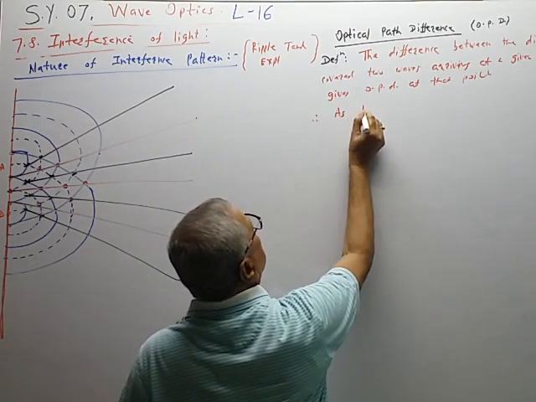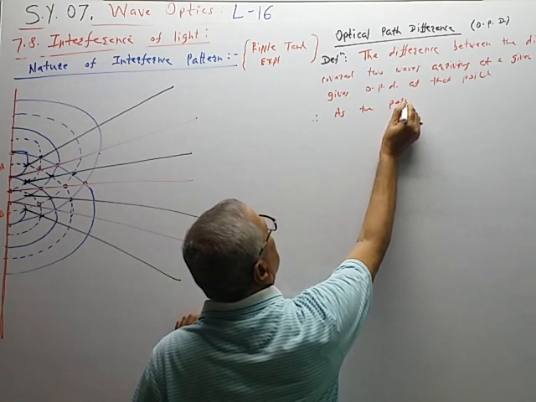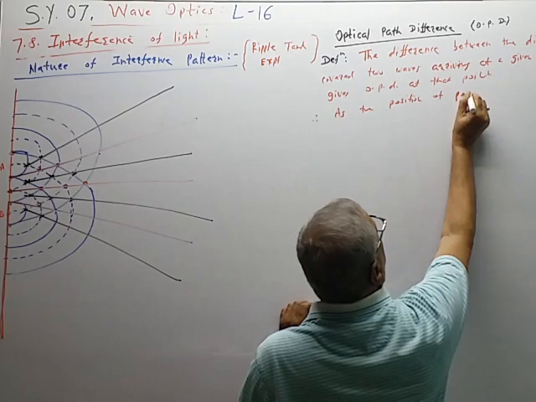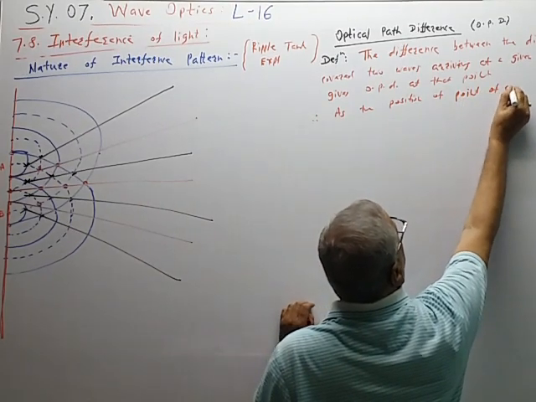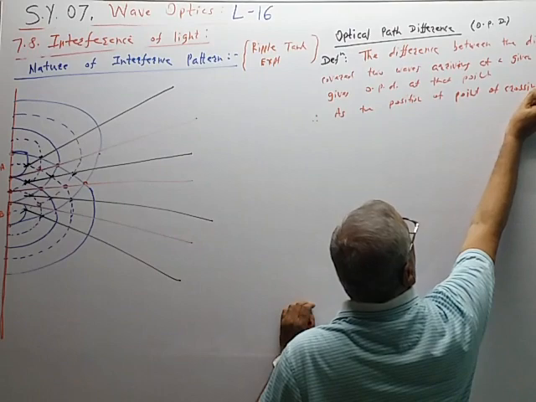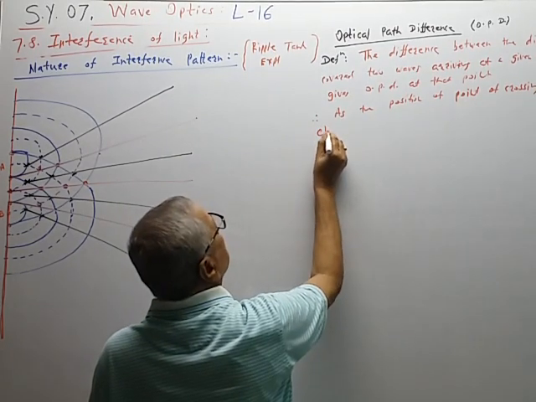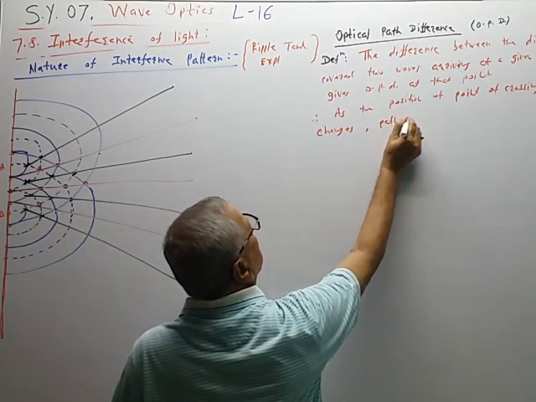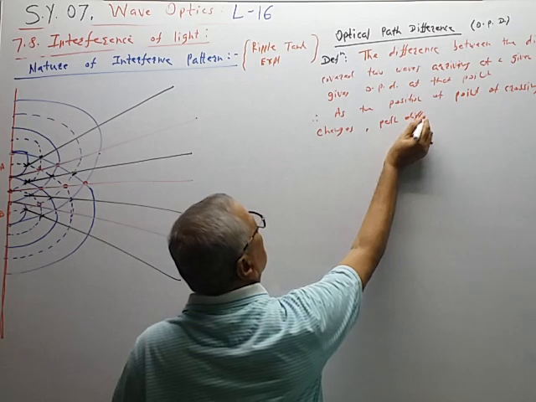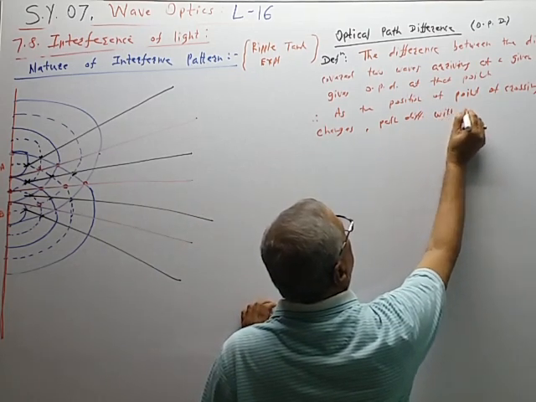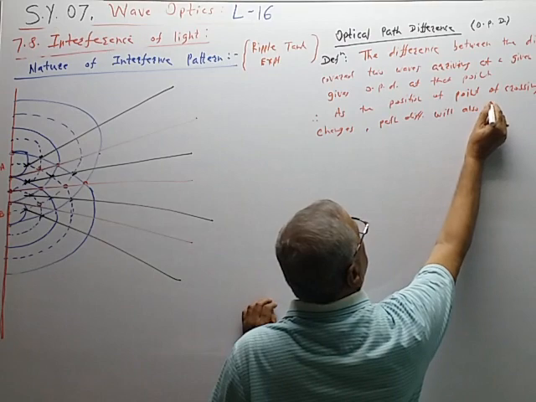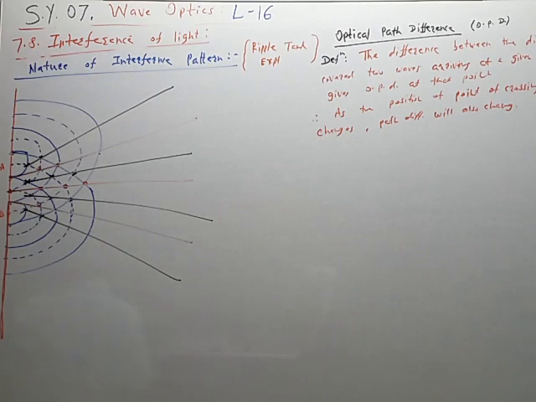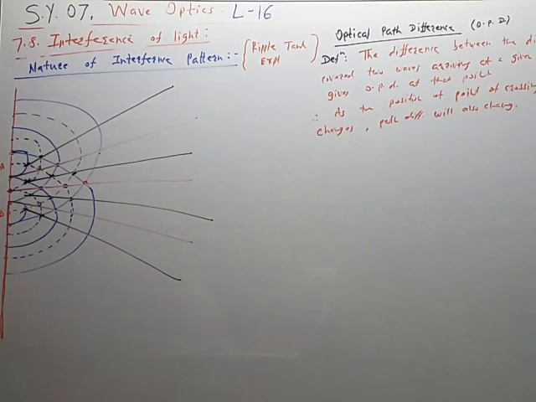As the position of the point of crossing changes, the path difference will also change.